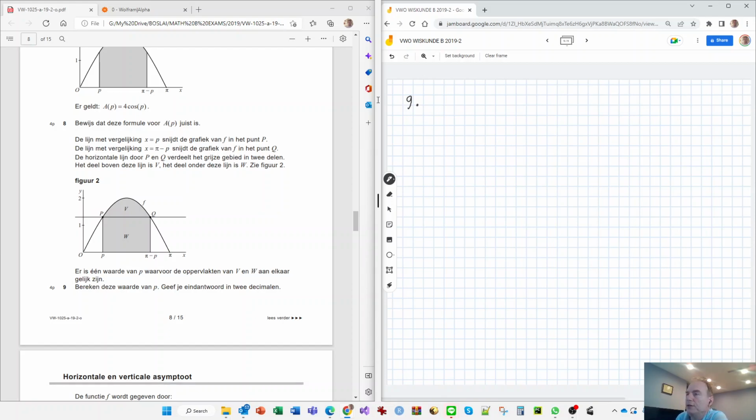And then you can define V and W. And then they say there's only one value of P for which these areas are the same. Calculate this value of P in 2 decimals.